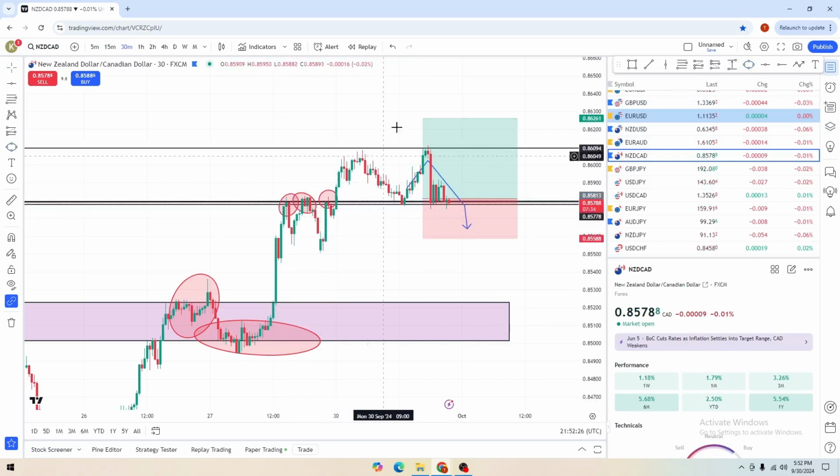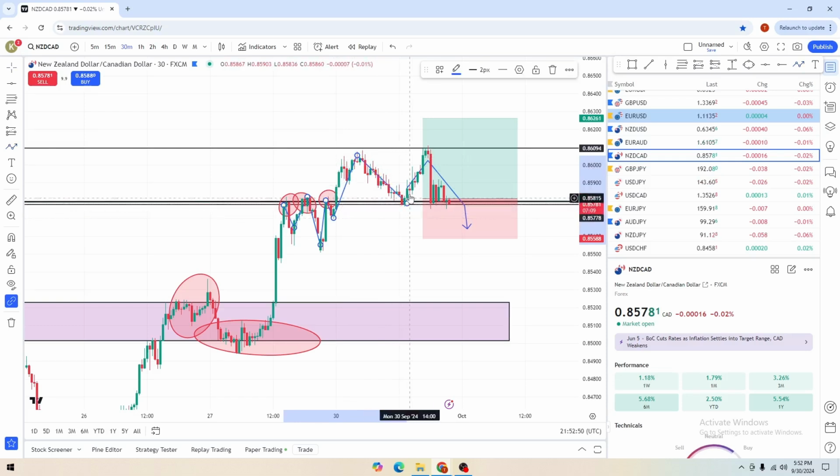And we see that every time it rejects, it goes to the upside. So we would have to wait for that movement to happen here. As you can see, it rejected, went up, rejected, went up again, and then we waited for this to have another rejection.